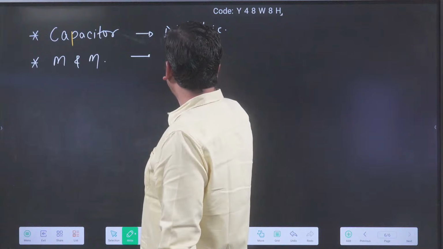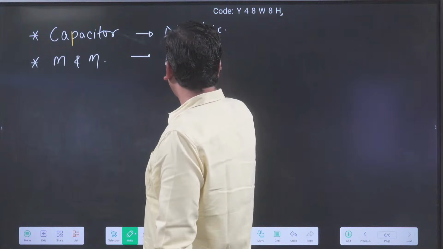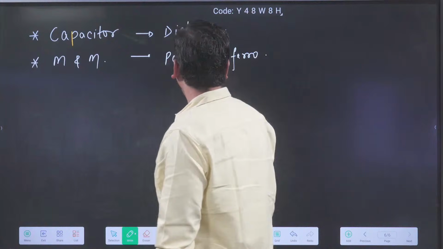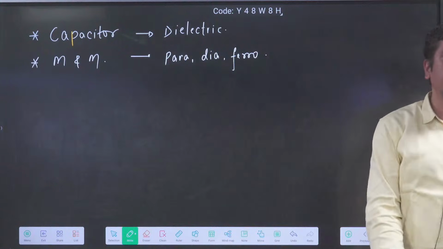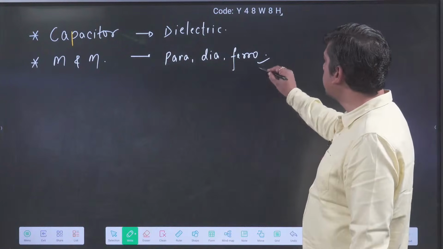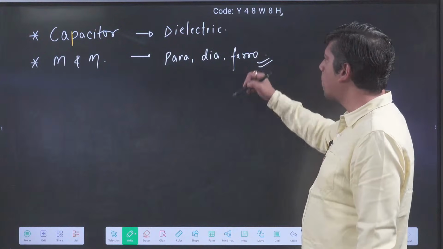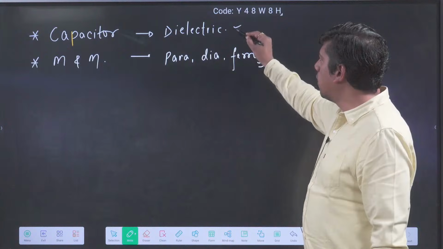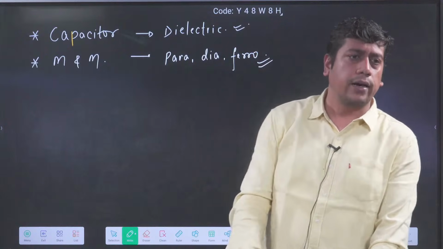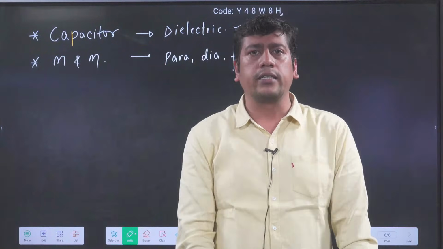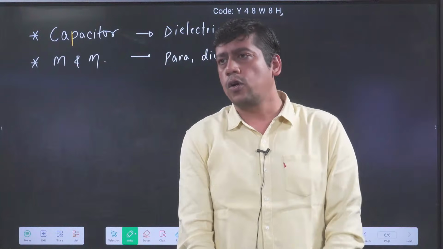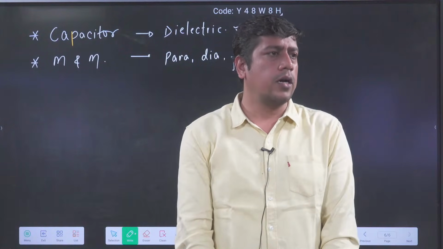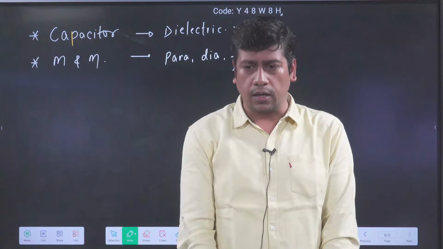And here we will discuss the magnetic properties like paramagnetism, diamagnetism and ferromagnetism. My intention is to explain this because generally students face problems in this topic. But to understand this better in depth, we need some concept of dielectric. That's why I'm saying this lecture is going to be completely theoretical. Is that okay with you? Or do you want numericals of capacitor? We can go both ways.